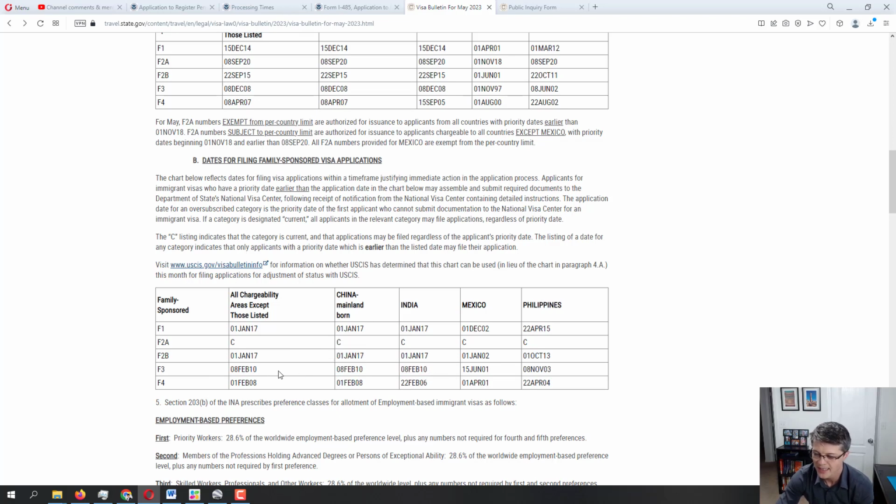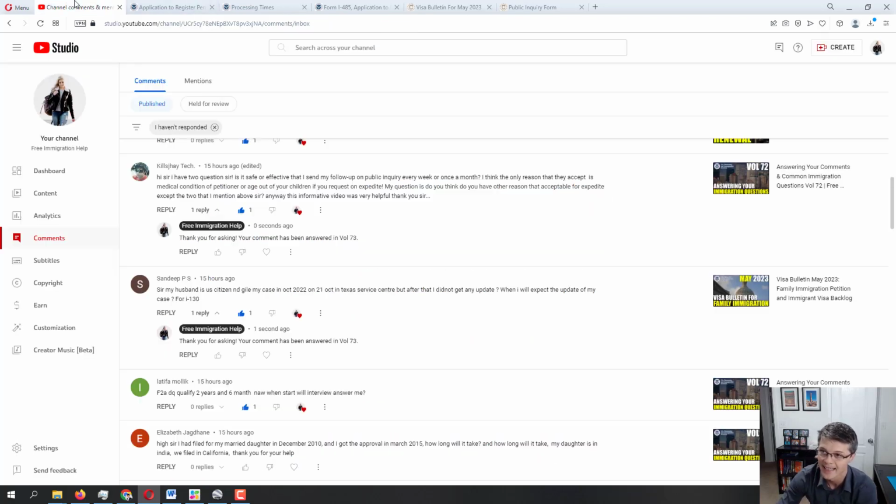So the priority date looks like it's February 2010, and you filed in December 2010. So you're still looking at about, my math is absolutely horrible, like 8 months before your case is actually ready for documentary qualification, before it's really close to the availability of the immigrant visa.